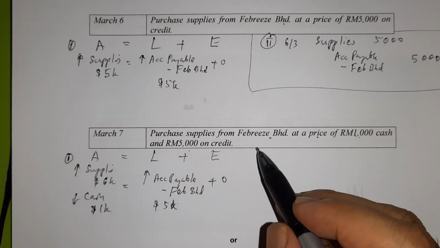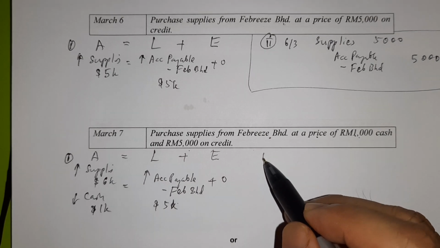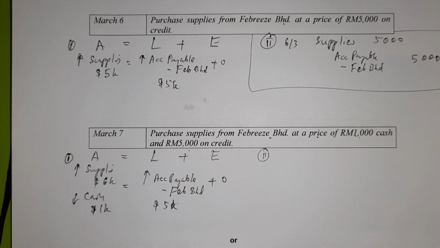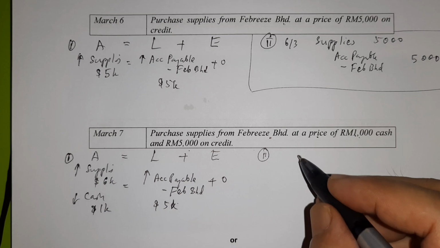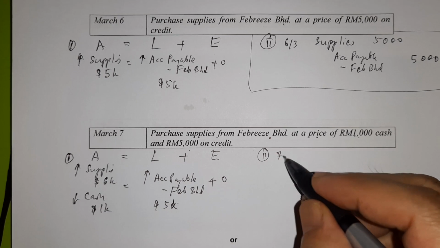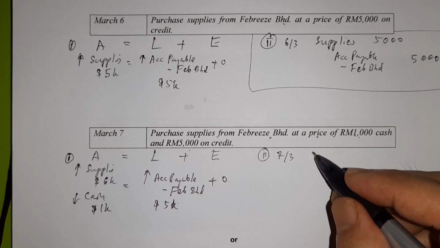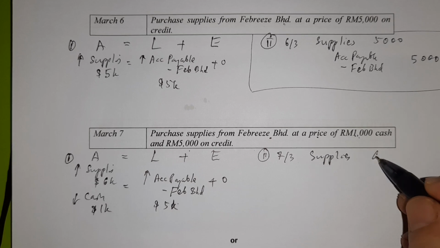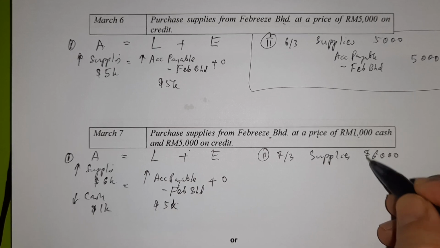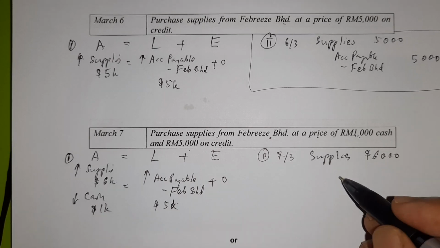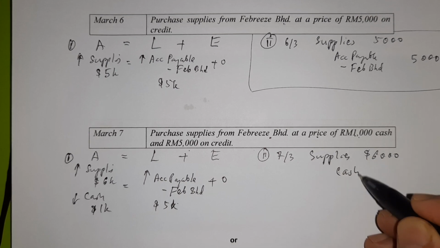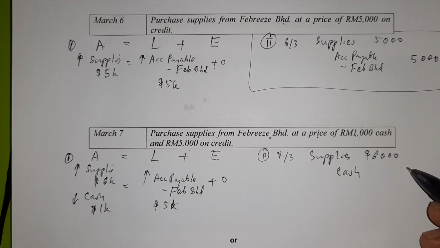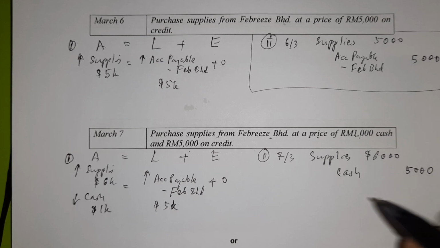So now, how to do the journal entry? Okay, asset increase, you debit. Debit account supplies. The date is 7th of March. The amount is 6,000. And then asset decrease, you credit account cash, decreased by 1,000.